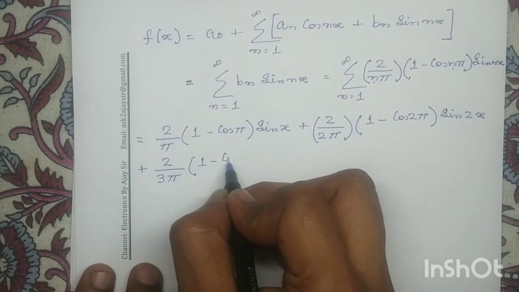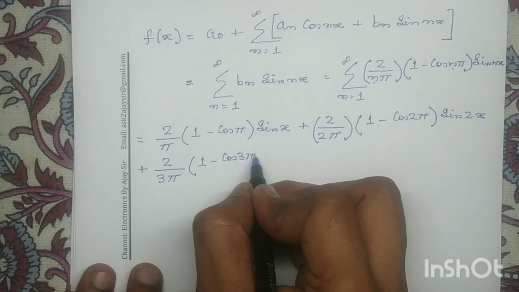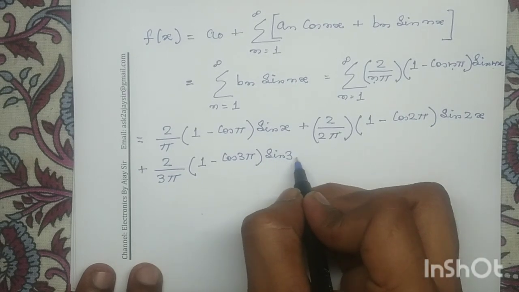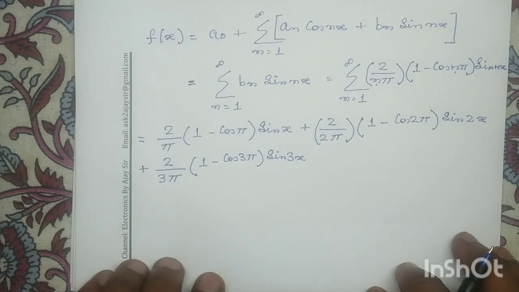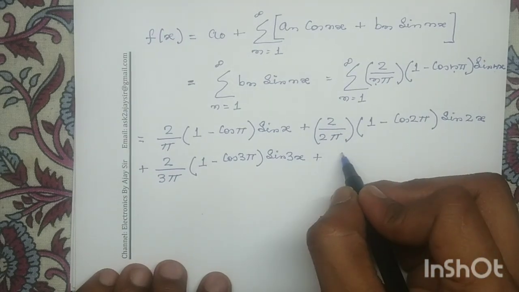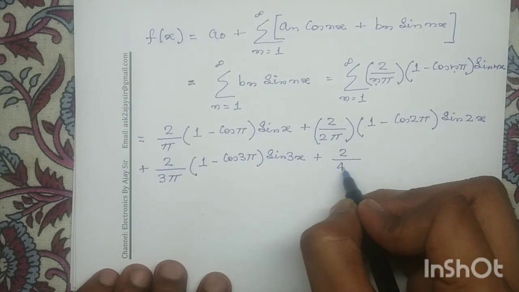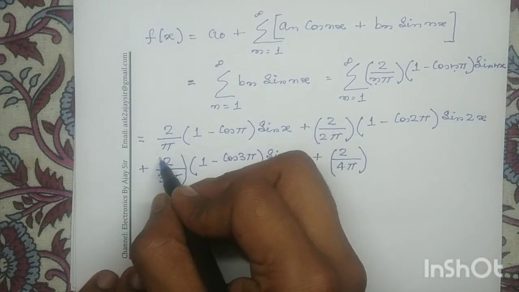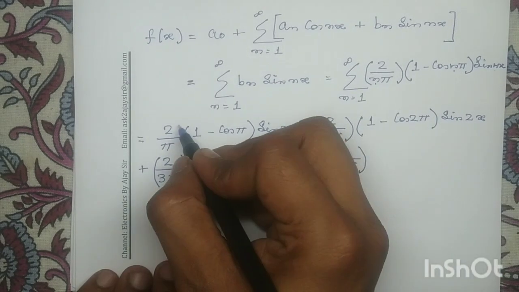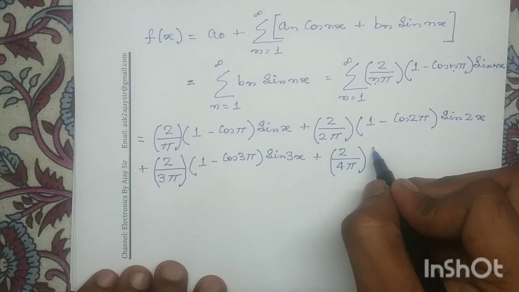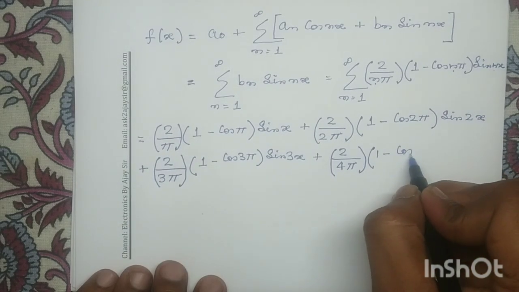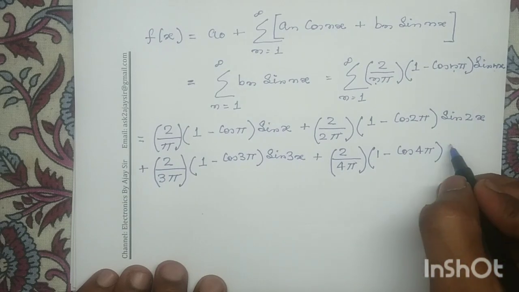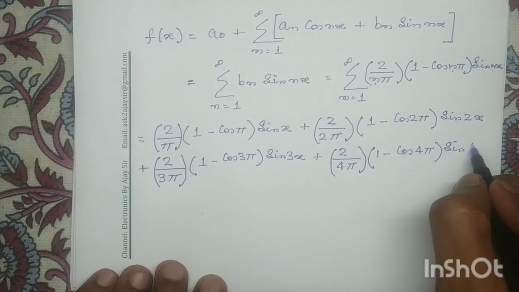1 minus cos 3 pi, sine 3x. For n is equal to 4, it is 2 by 4 pi, 1 minus cos 4 pi into sine 4x.